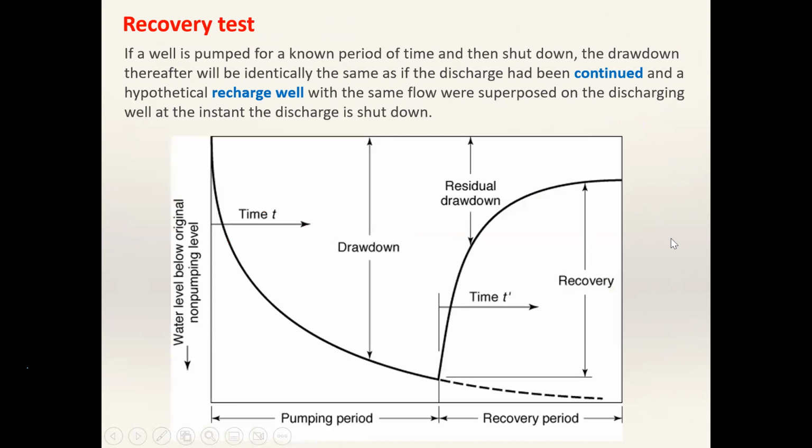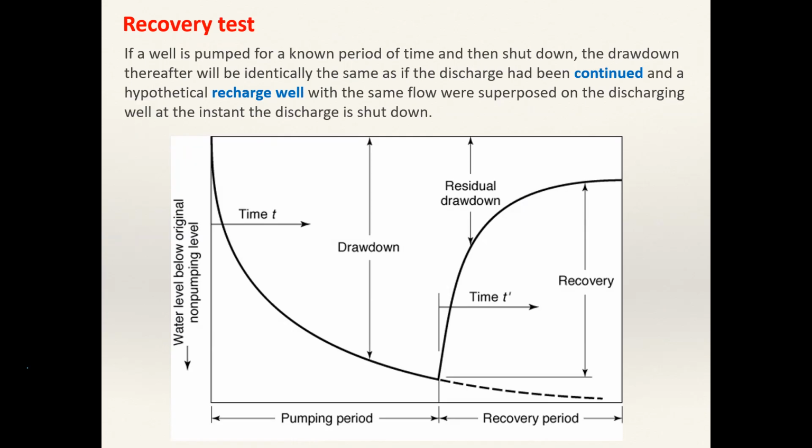Right. So we talked about two solutions, this solution and the Cooper-Jacob solution, to find out the transmissivity and the storativity with the transient data. Right? So I told you, when we do a pumping test, we stop pumping and then we keep taking the readings, time and the drawdown.